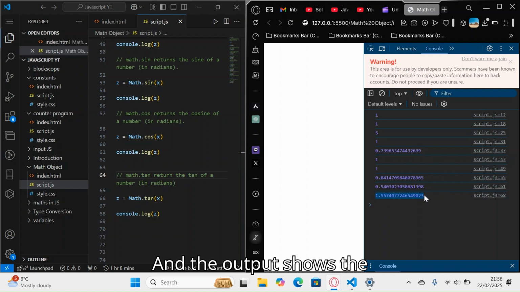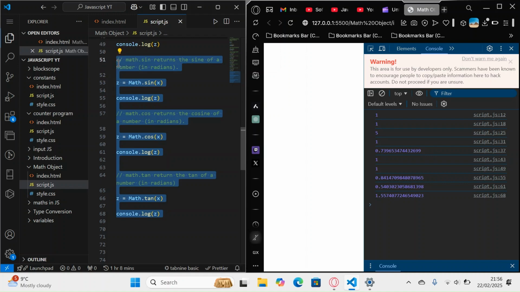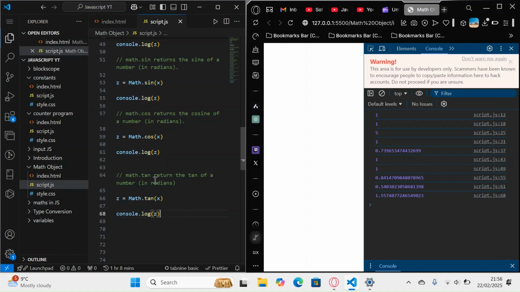And the output shows the decimal number, which is 1.5. If we round to one decimal place, it shows 1.6, 0.5 for cos, and 0.8 for sin. So here are sin, cos, and tan, all different numbers.